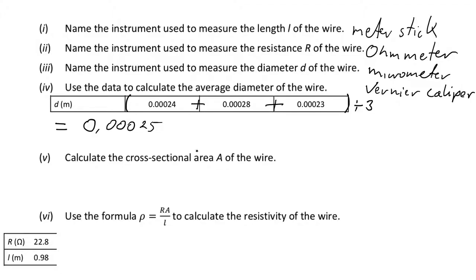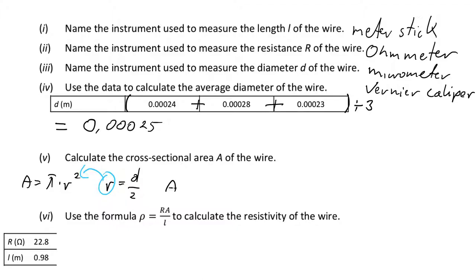meters. Next part of the question is asking us to calculate the cross-sectional area A of the wire. Wire has a circular cross-section, which means that we can use the formula for the area of the circle to find this cross-sectional area. So area is equal to pi times r squared. Now r is the radius. We don't know what the radius is, but we know that radius is equal to the diameter divided by 2. And we can use this in our area equation in order to get our result.